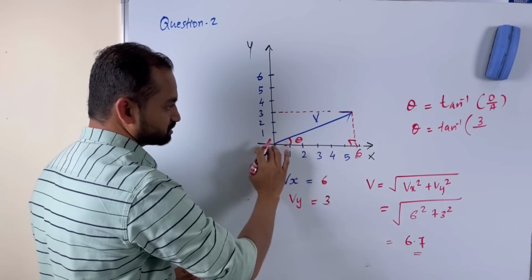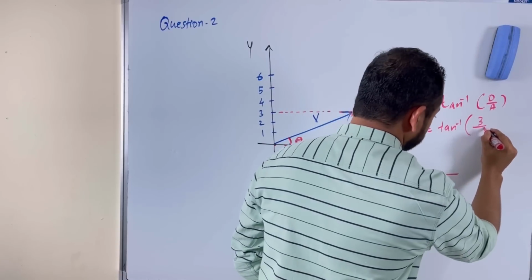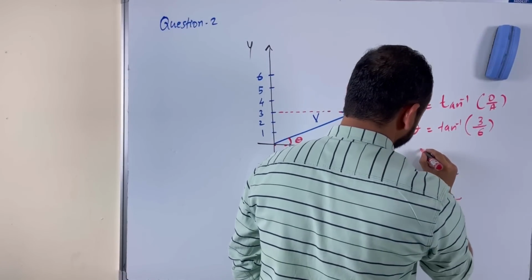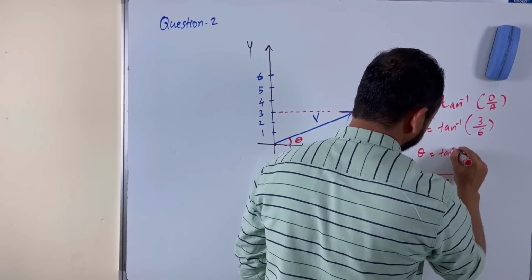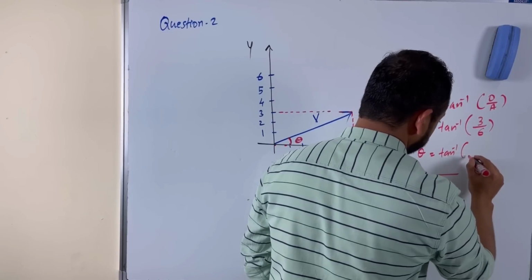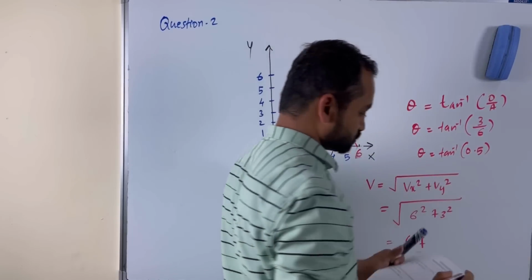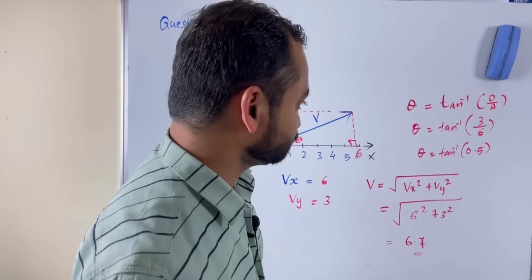What is the adjacent side? This side, its value is 6, right? So theta equals tan inverse 3 by 6, and 3 by 6 is 0.5. So tan inverse 0.5.